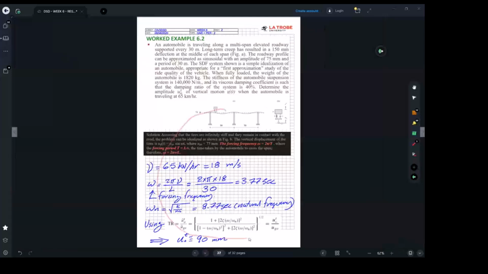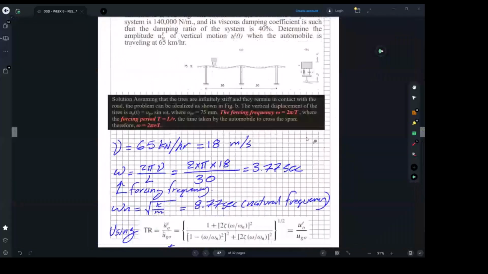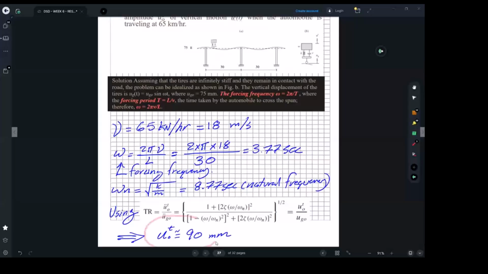This kind of relationship or application can be used as a traffic engineer where you want to check the safety of a road. There can be different parameters to be calculated. By the way, you can also be asked to find the acceleration. You can do the same thing, and acceleration will give you the shock that you may have on the vehicles and whether it is safe or not.